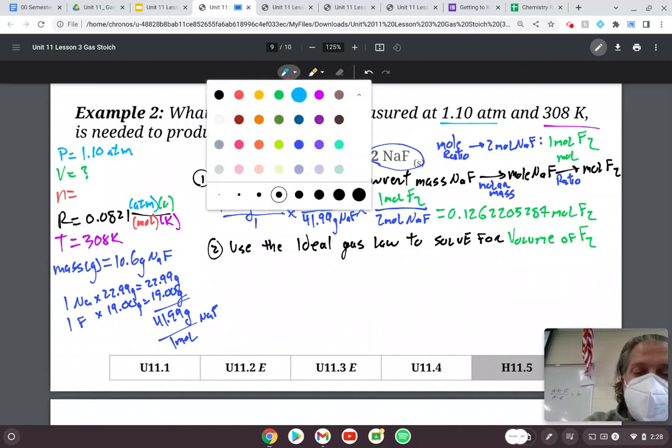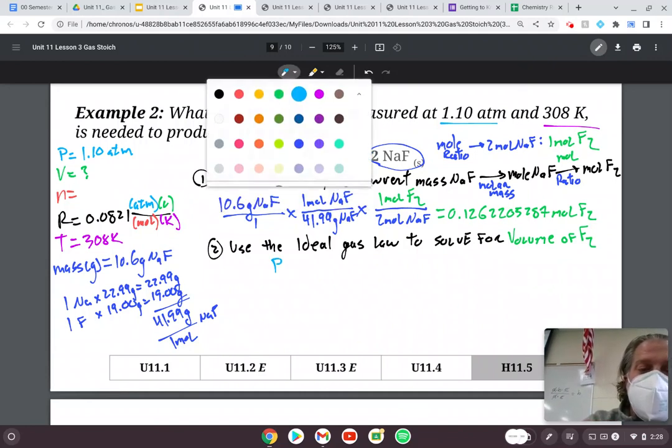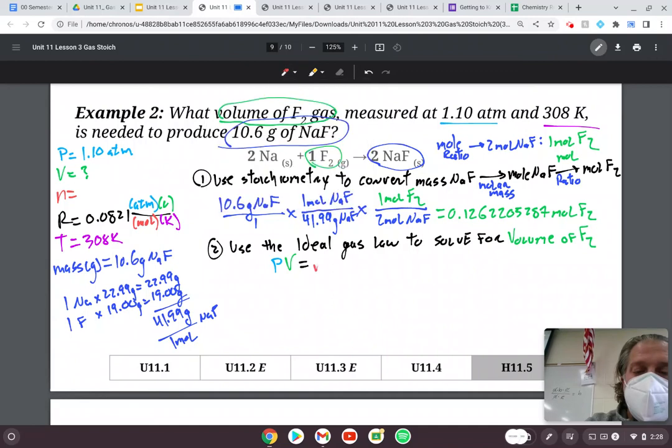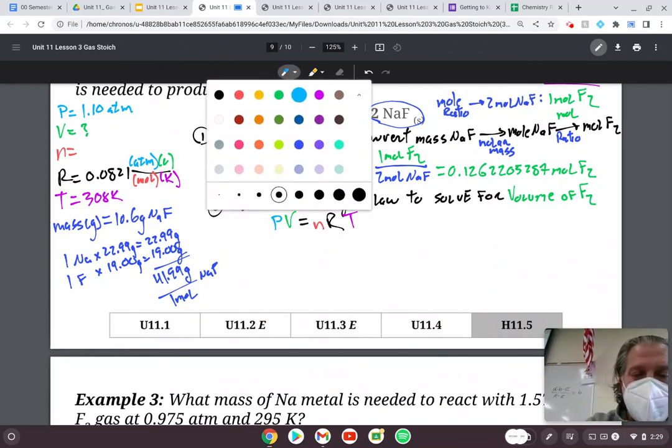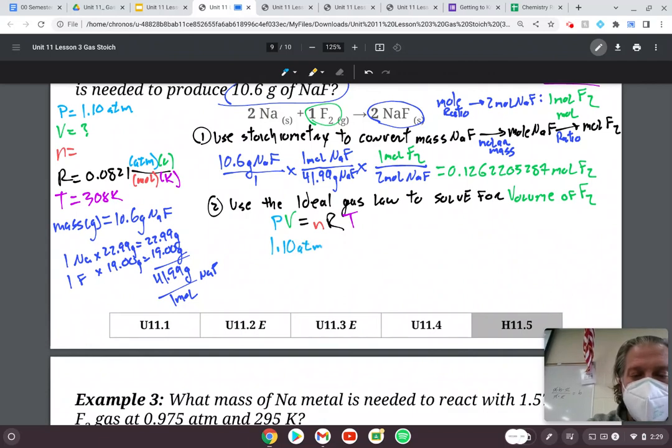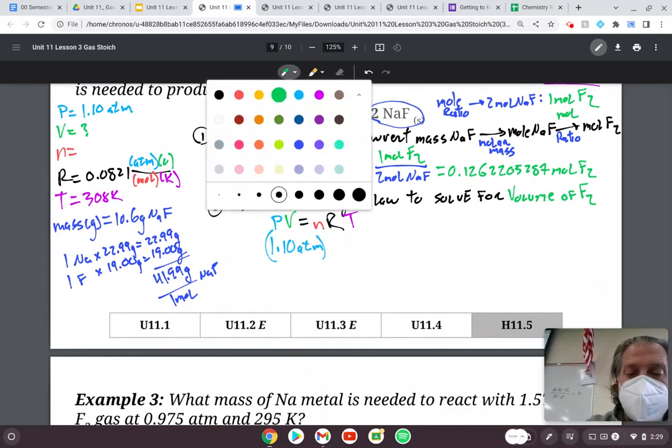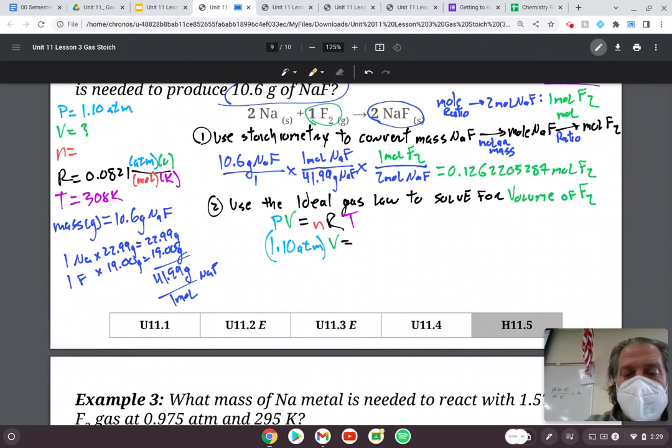So our ideal gas law, as you recall, hopefully, is PV equals NRT. And I know that the pressure, because it's what I've been given, is 1.10 atm. I'm solving for volume. The number of moles I just calculated was 0.12622 moles.